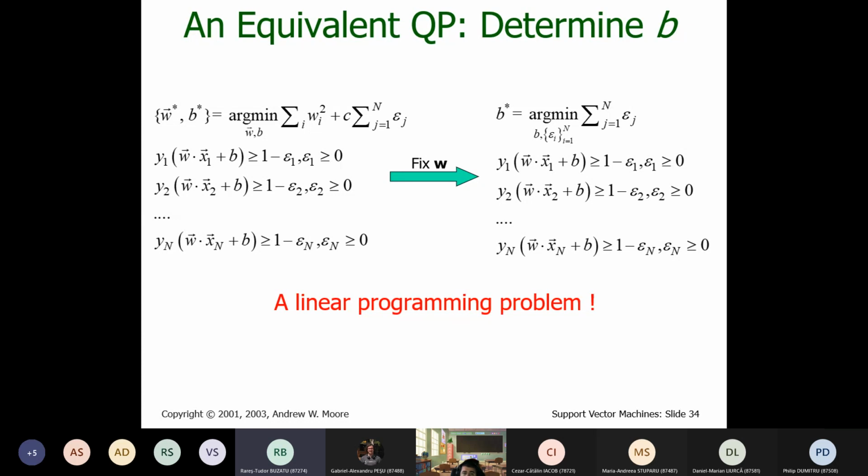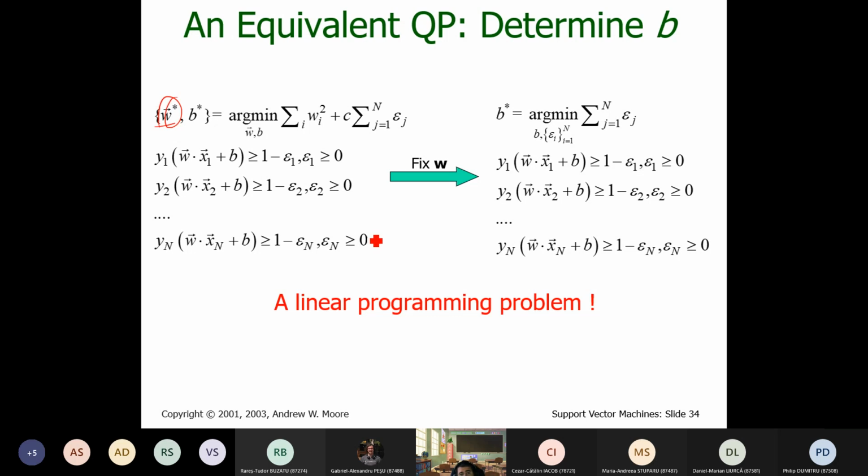Now, I told you that from the quadratic programming we get the values of alpha k, and we saw on the previous slide that based on the values of alpha k, we get the values of W. These W stars will be obtained from the quadratic programming.